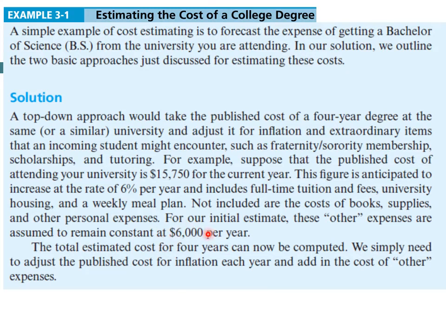This is an estimated value, our initial estimate for other expenses. This is the published cost, but this rate of increase is also an estimated value. And then how can we estimate the total cost for 4 years of study in the top-down approach?